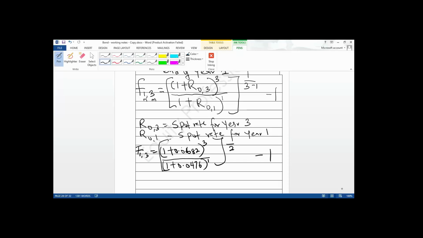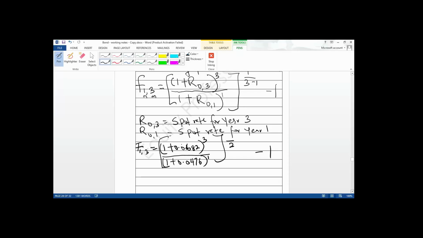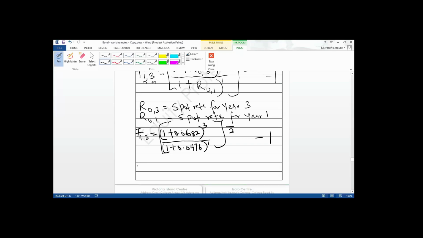You are going to have F is equal to 1.16348886 raised to power, minus 1.